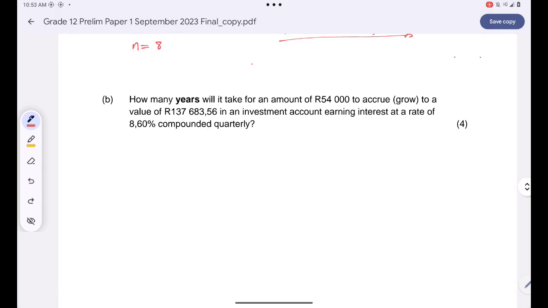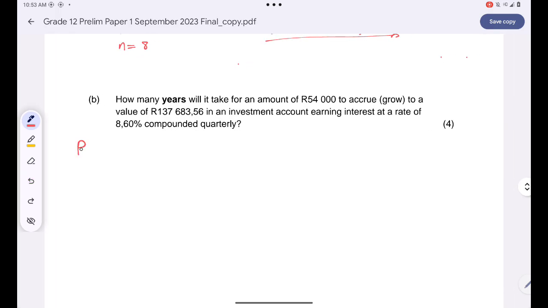Okay, let's write down the data we have. Our principal amount, guys, is 54,000, and in future it will accrue to an amount of 137,683 rands 56 cents altogether. Since our interest is compounded quarterly, m is equal to 4, and we do not know the number of years.